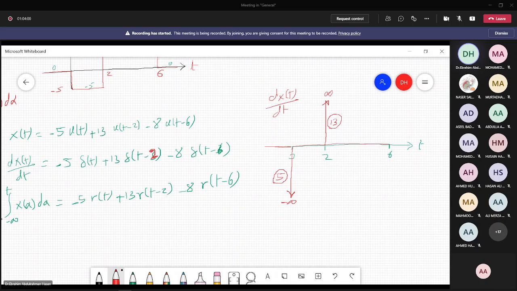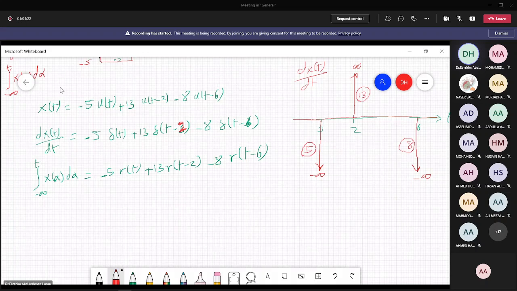At 6, again we have an impulse, but with a strength equal to 8 and with a negative sign. So this is minus infinity. Now it is 0 again. So it will be very easy and straightforward.